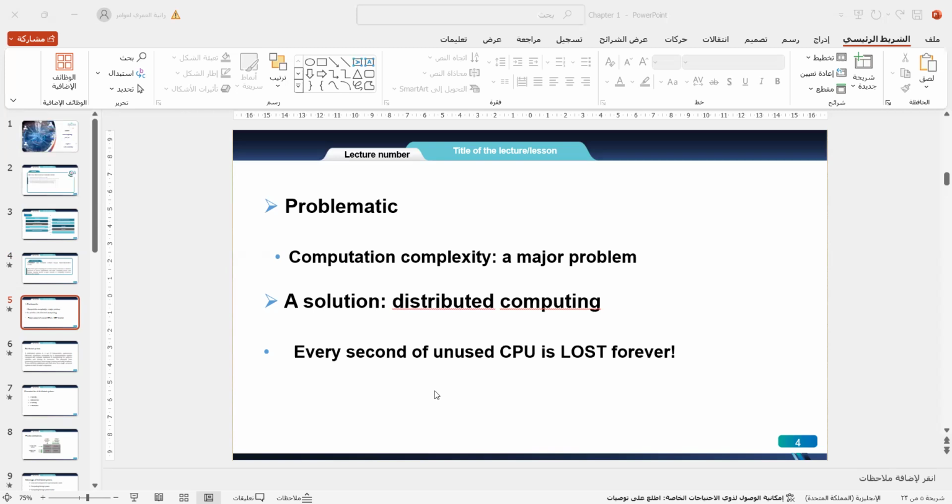So computation complexity is a very important topic. It concerns the estimation of how hard or easy a problem can be solved computationally.